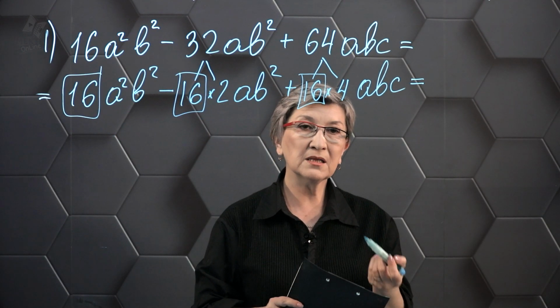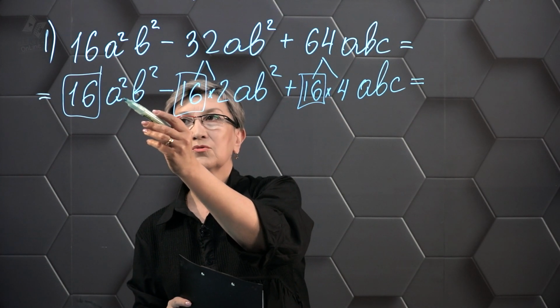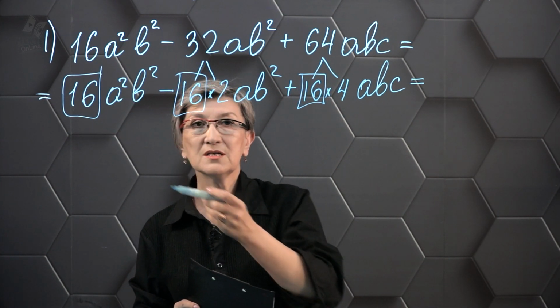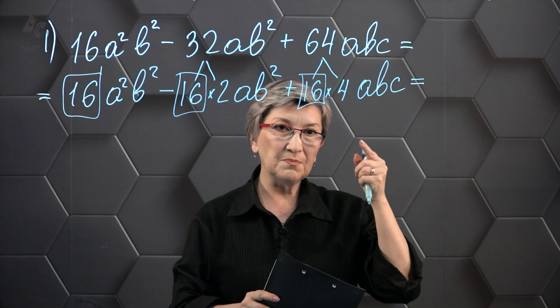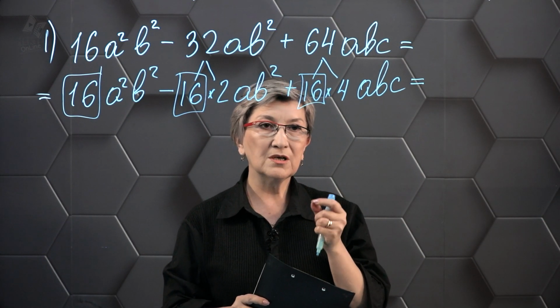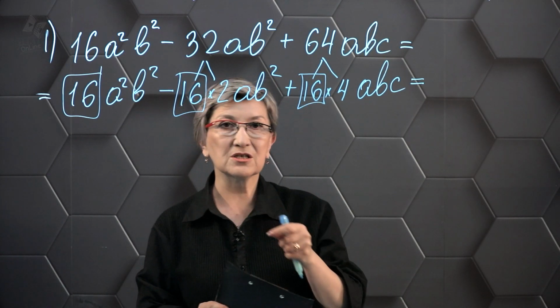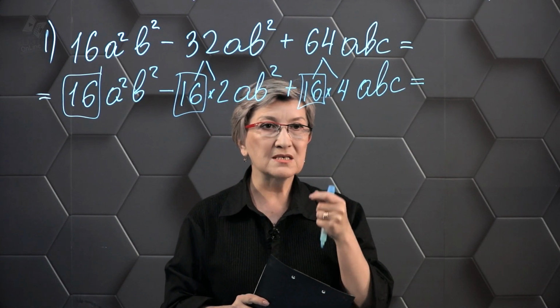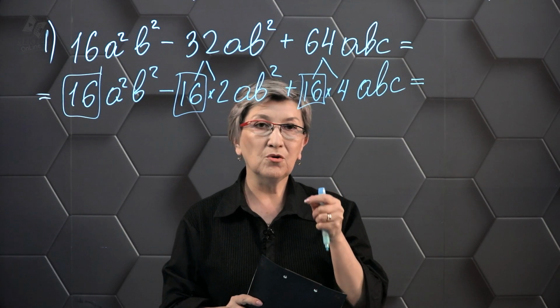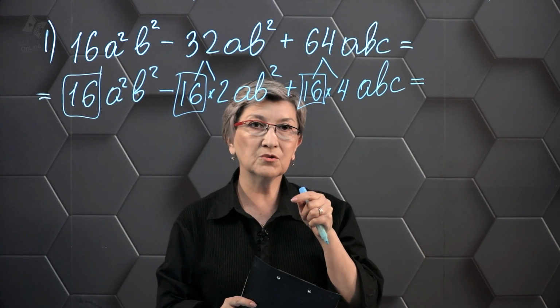Now let's look at the letters. Please note that we have the letter part written in the form of an exponent. In our last lesson, we discussed that if we encounter identical letter components that include powers, then we take the common term with the smaller degree. Notice the common factors.